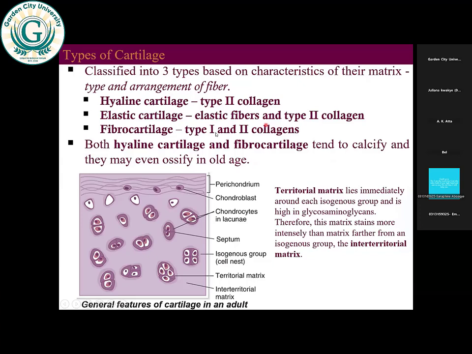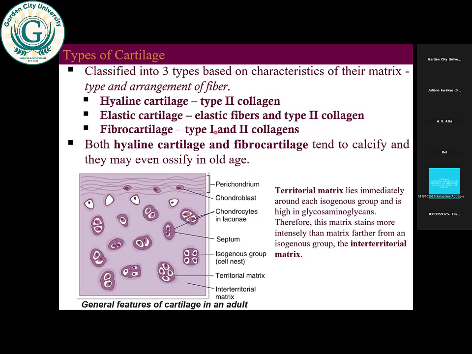Fibrocartilage is made up of also an addition of type 1. And we know that type 1 collagen fibers are very strong, because I told you that there are several types of collagen: type 1, type 2, type 3, type 4, type 5.